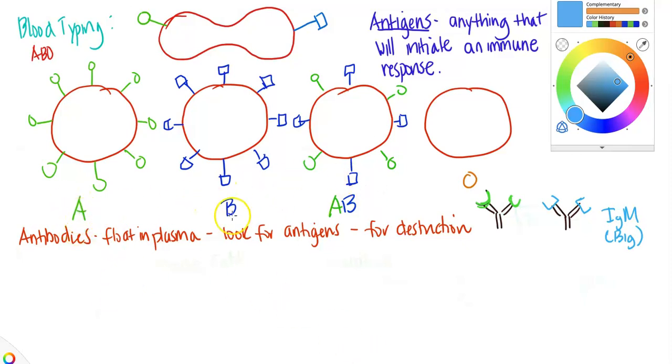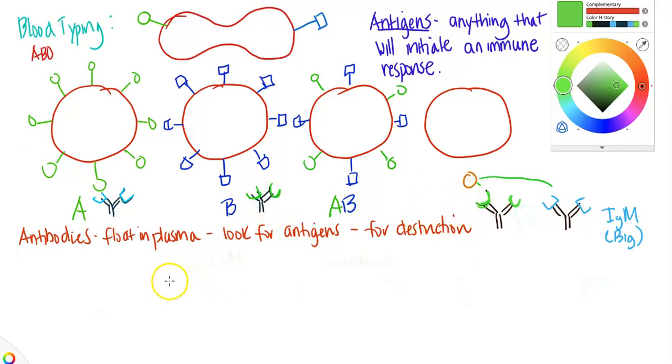So A has this one. B's have this one. AB's don't have any. And O has both.